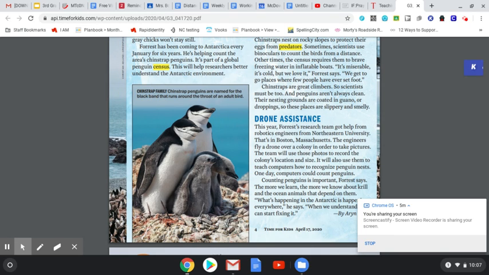So that's really important because now this text feature has helped us understand what these penguins look like and how they got their name. So if you can see, they've got this black line that goes right underneath their chin that looks like a strap on their chin. So that's why they're called chinstrap penguins.